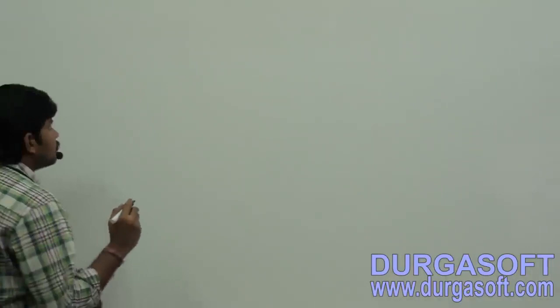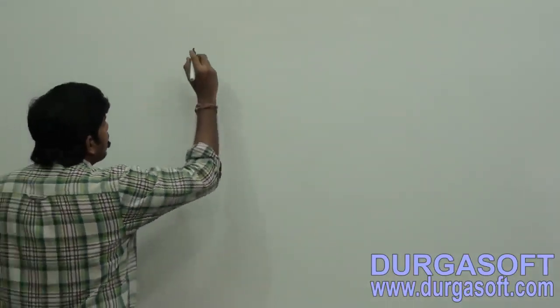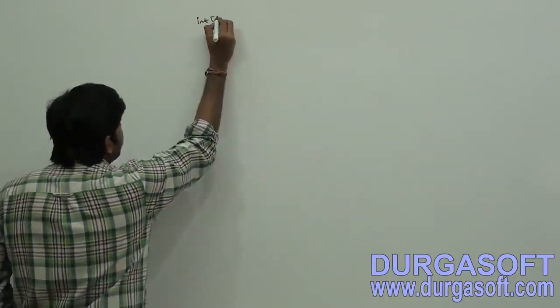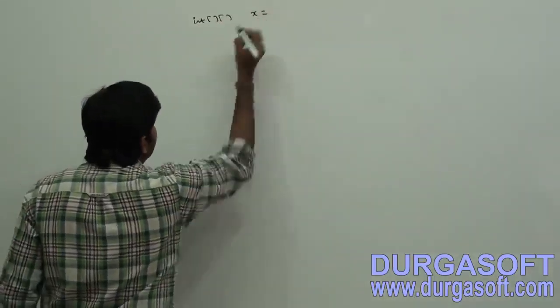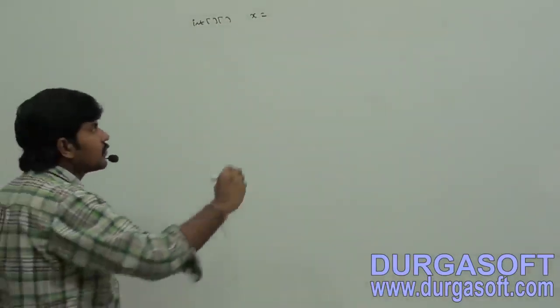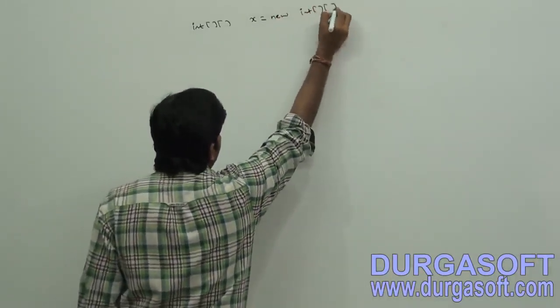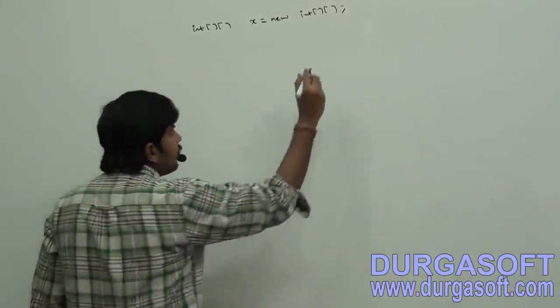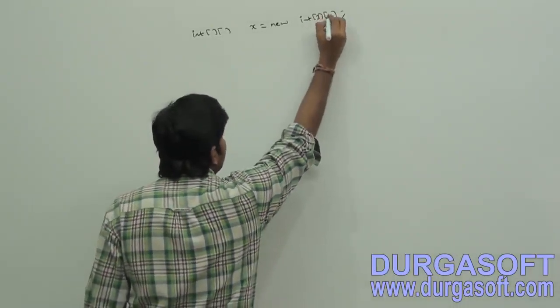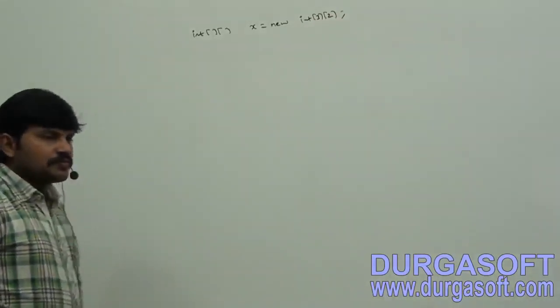Here listen, I'm taking another example. int 2-dimensional array x is equal to new 2-dimensional array, base size 3, next level size 2.